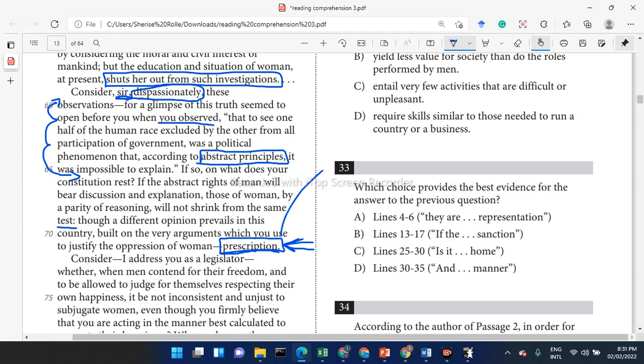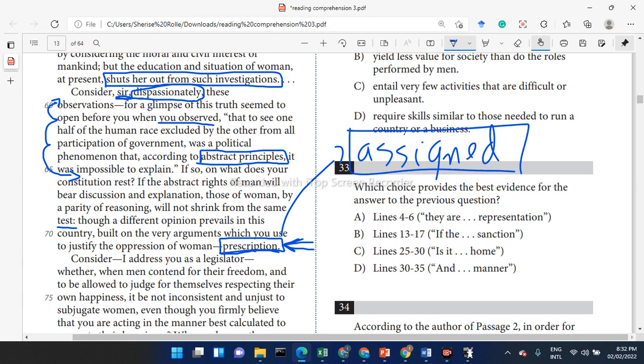A prescription is something that is assigned, like an order or an instruction. She's saying the only reason we have men in politics is because of assignment. That's what you all chose.